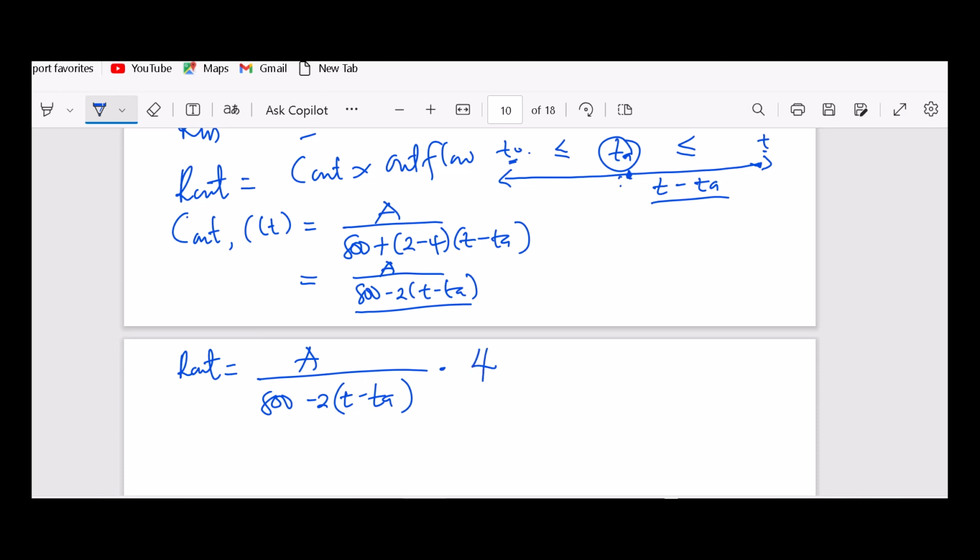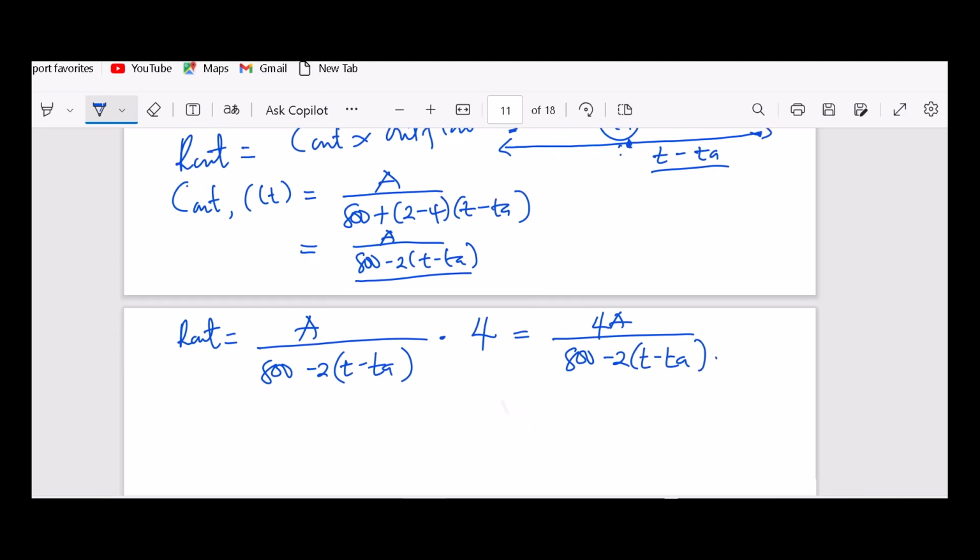The outflow was 4. So if we simplify, we get 4A all over 800 minus 2 into T minus T of A.